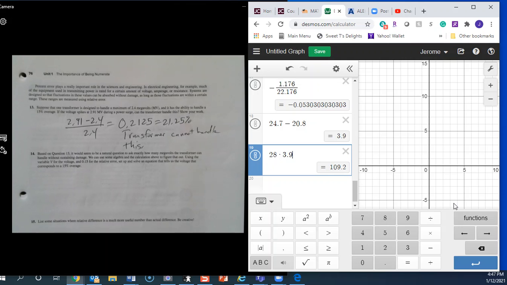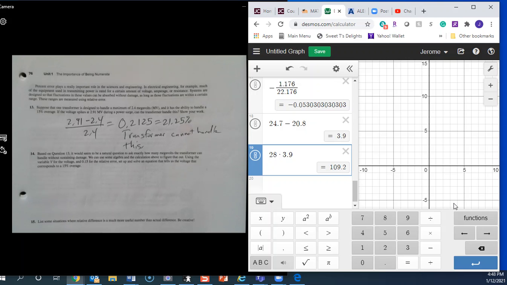Okay, 14. Based on question 13, it would seem to be a natural question to ask exactly how many megavolts the transformer can handle without sustaining damage. We can use some algebra and the calculation above to figure that out.